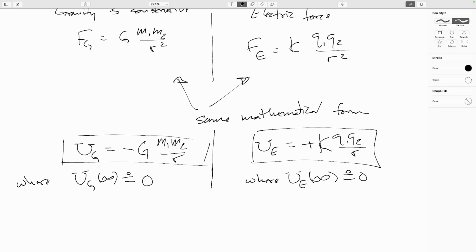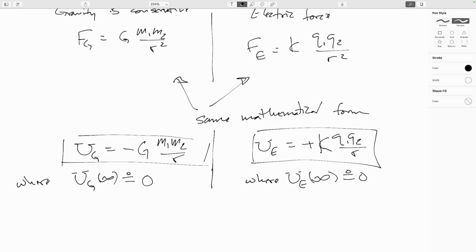So another way to think about this would be to think about what the spontaneous behavior would be like. Just ask yourself, if I take two objects that are interacting gravitationally and I let them go, they're going to want to get closer together. If you're going in the direction of spontaneous behavior, that would be a decrease in potential energy. Well, what's the spontaneous behavior going to be like in the case of the electric force?